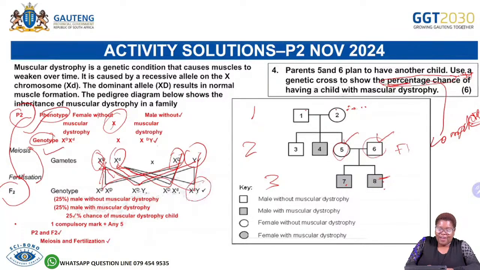So there's a 25% chance of a muscular dystrophy child, as you can see with the genotype of the F2 generation. And that answers the question, because you are going to get all the 6 marks there. Make sure that you answer the question so that you get all the marks. These ones are given, don't forget. Okay?